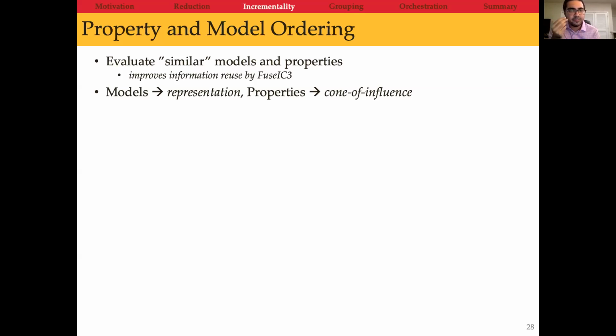And for properties, we have the cone of influence, which represents a subset of the model that may be required to prove a property. So now that we have this static information, which we can use to some extent to compute similarity, how do we actually find similarity?